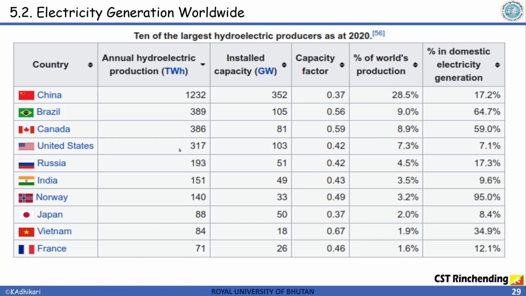India comes sixth with 49 gigawatt. This is as of 2020. This is only hydroelectric power, so it does not mean these countries are only producing this much energy. They must be using solar and other forms.